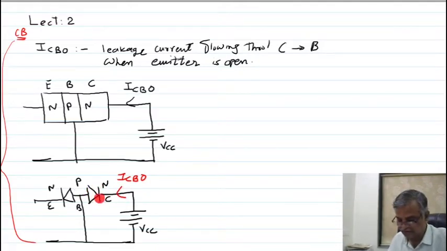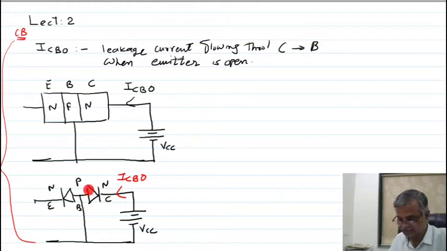This is your PN junction. This can be represented by two PN junctions connected back-to-back, NPN, in this way. So leakage current always flows in the opposite direction of the arrow. That's why I am showing you the direction of leakage current in this way.